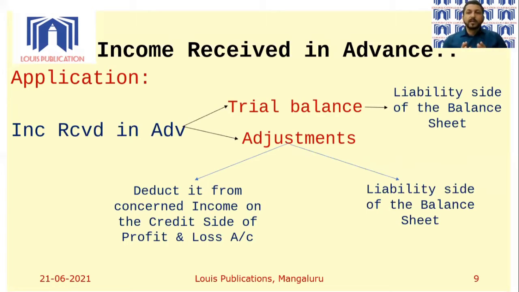When I say profit and loss account, it is not just profit and loss account. This profit and loss account includes trading account as well. If we go to the accounting process, from the trial balance, we prepare what is called final accounts. And in final accounts, we mention income statement or profit and loss account. Remember that profit and loss account includes a trading account.